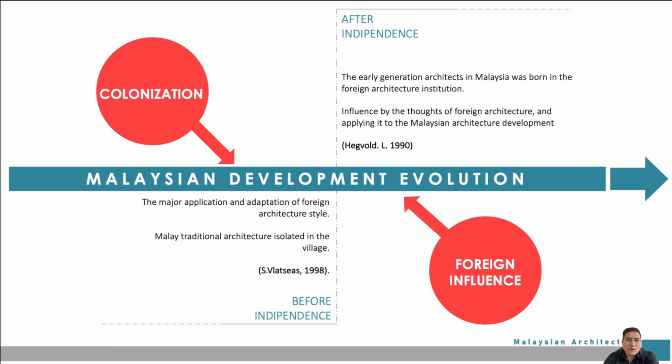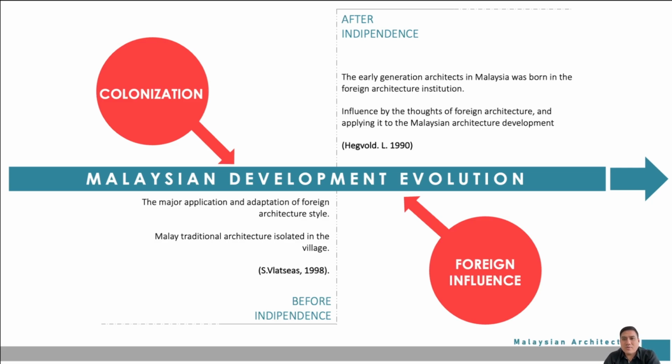And then what happened after independence? That was the time of the early generation of architects in Malaysia, most of whom graduated from foreign architecture institutions. When they graduated, they applied what they learned there to Malaysian architecture development.